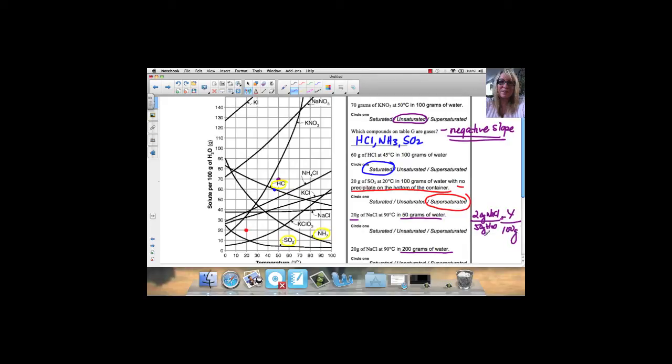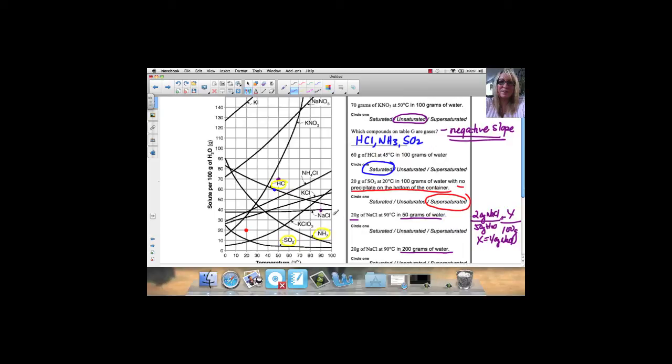Because then I can see what happens on the chart. So we can cross multiply and divide here. I've got 20 grams times 100 grams divided by 50 grams, and that's going to give me 40 grams of NaCl. So I'm going to go back to 90 degrees, and I'm going to go 40 grams.